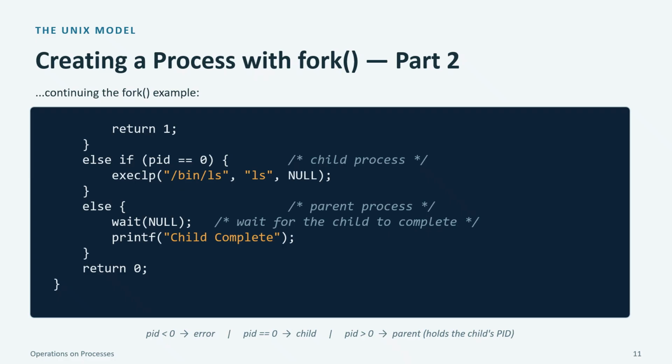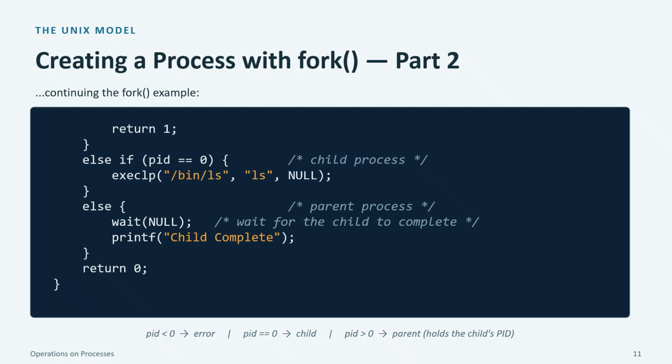Next, consider the else part. This represents the parent process. The parent executes wait(NULL). The purpose of wait is to make the parent wait until the child completes. After the child finishes, the parent prints child complete.